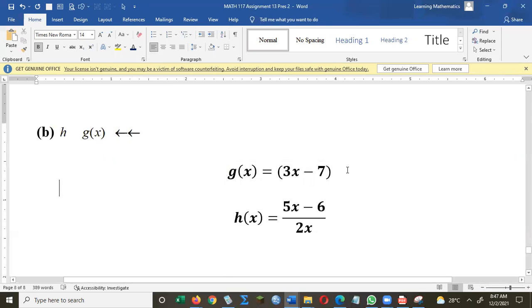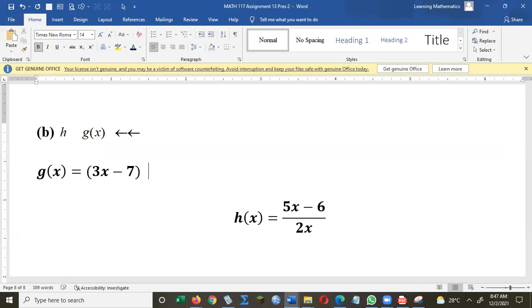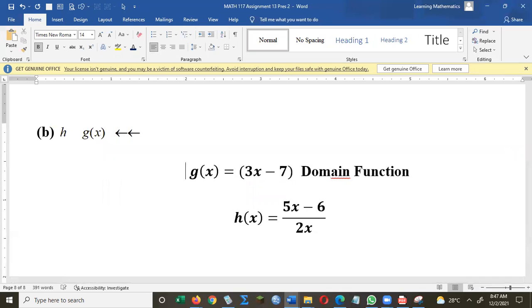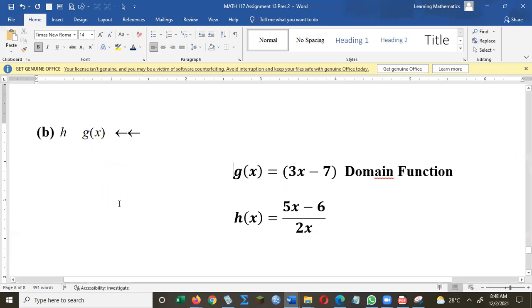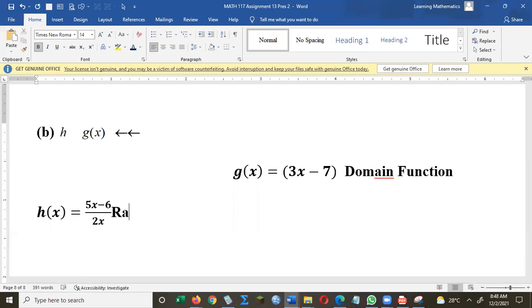Okay, so let's put the steps. Domain function, first step. Here's the domain function, and here's the range function.